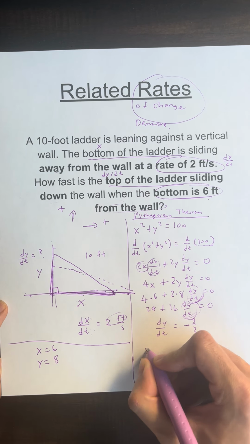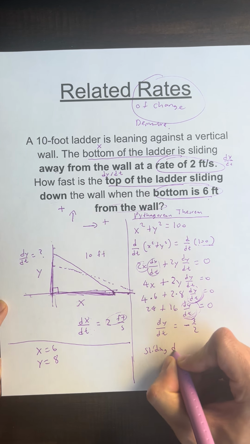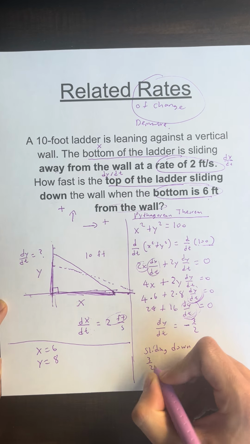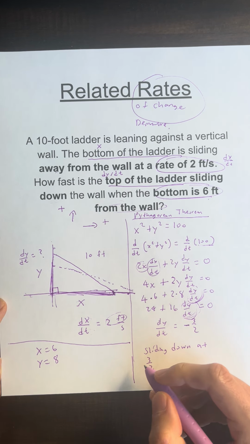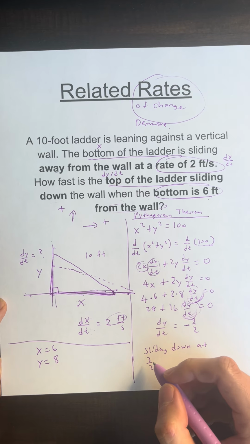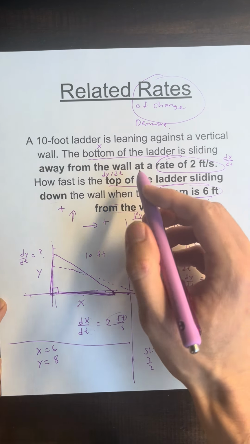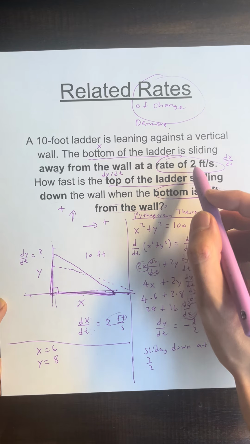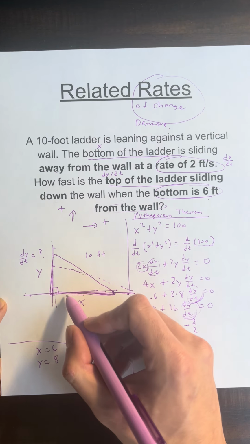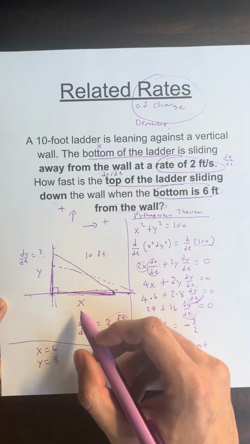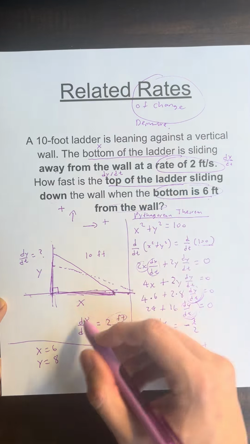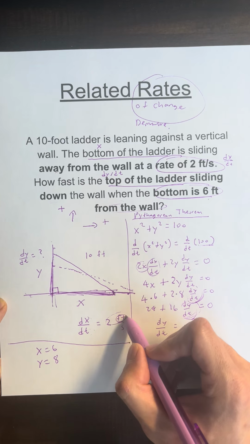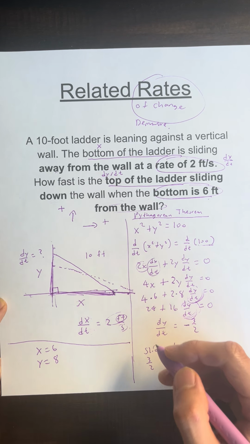Okay, so it is sliding down at 3/2. 3/2 what? It's sliding away at a rate of 2 feet per second. So x is measured in feet, and dx dt is measured in feet per second.